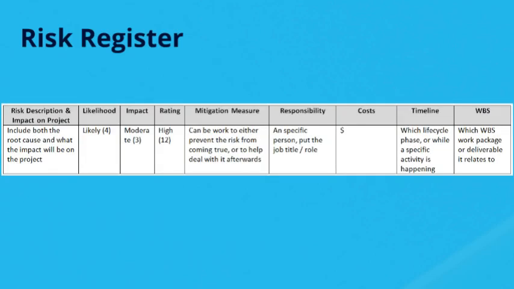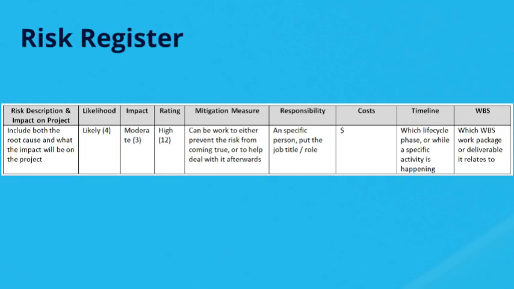It has columns for the risk description, the impact, likelihood, the final rating, and the mitigation measures that you're putting in place. It can also include columns where you can write things like the cost of that mitigation measure, a timeline, a person responsible for monitoring the risk, and any relevant WBS work package or activity. Alright, so that covers the risk analysis and risk response.